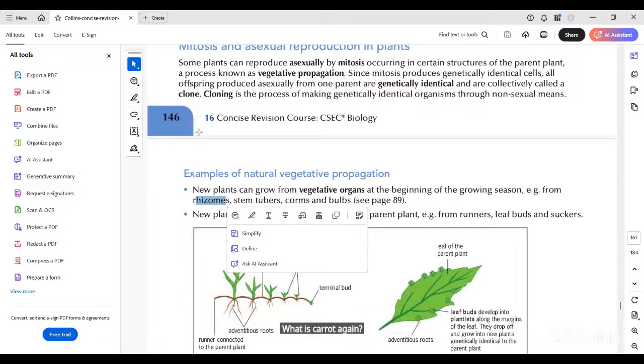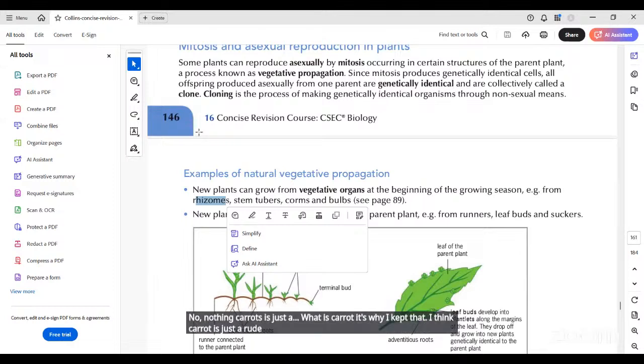I think carrot is just a root, I don't remember. I'm not going to pretend that I remember, so somebody can check that out.